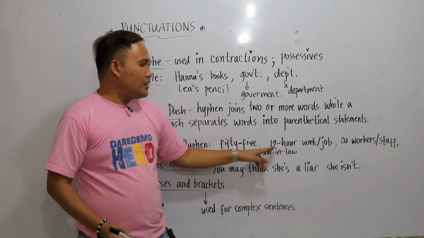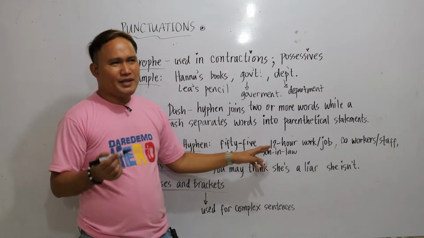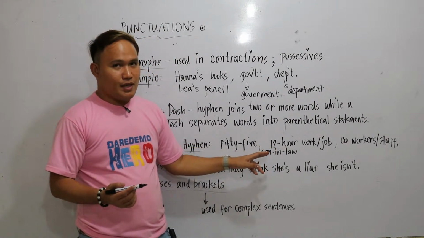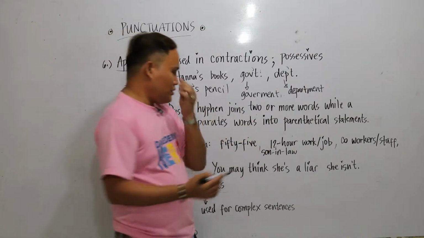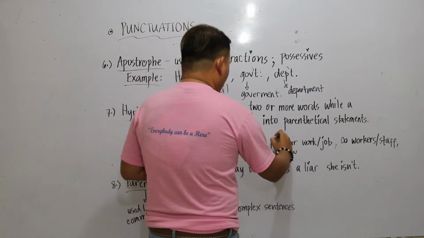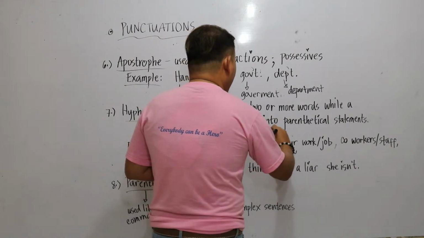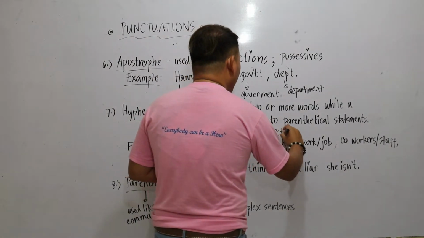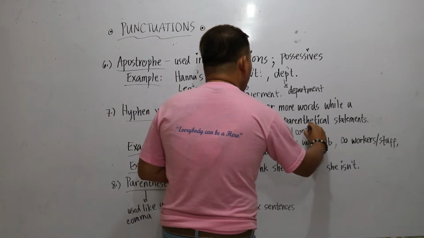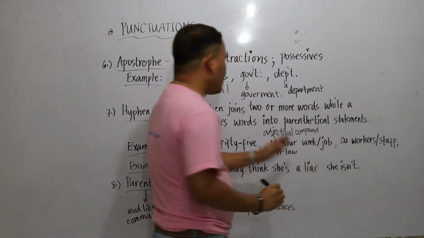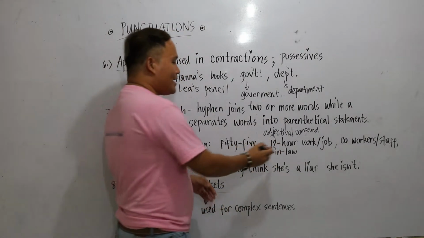Now, you might wonder, sir, why is it not 12 hours? Actually, this is what we call an adjectival compound. Let me write it down for you. Adjectival compound. Meaning, it's a compound word, but it's used as an adjective in the sentence.